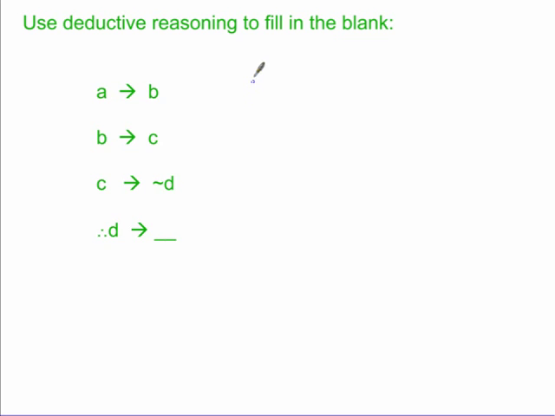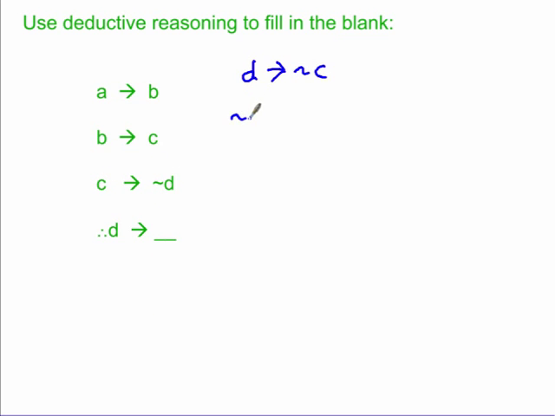D is the opposite of not D. So I do know, using the contrapositive, that D implies not C, right? If C implies not D, then if I negate this, I get D, and I negate C, I get not C. So this is the contrapositive of this statement.